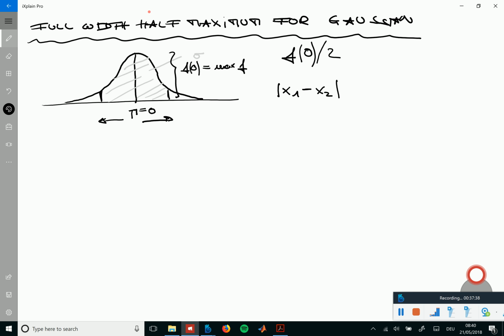So at the expectation of the Gaussian, you have this distance, a half of this is roughly here, and then you can go to the left and to the right, and you end up here and here, and then you can look at these values x1 and x2 that I described here, and the distance between those is the full width at half maximum.